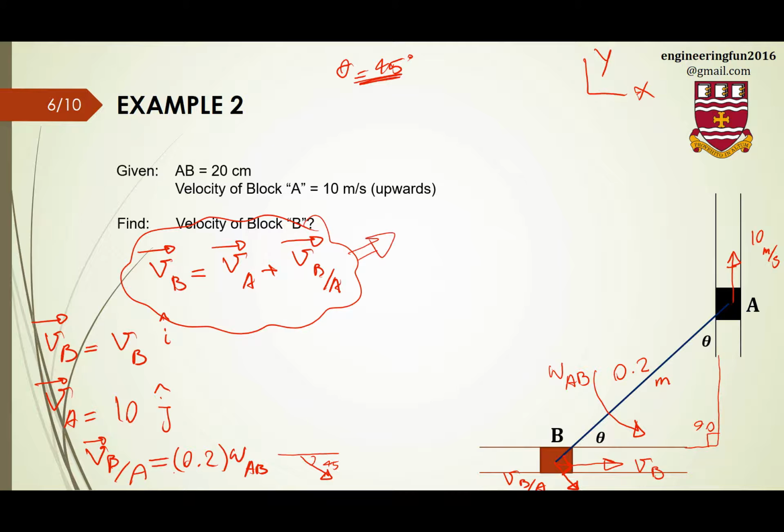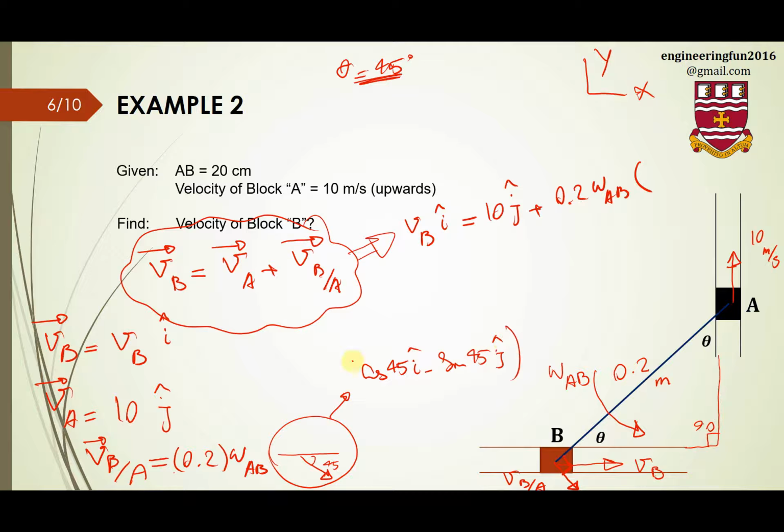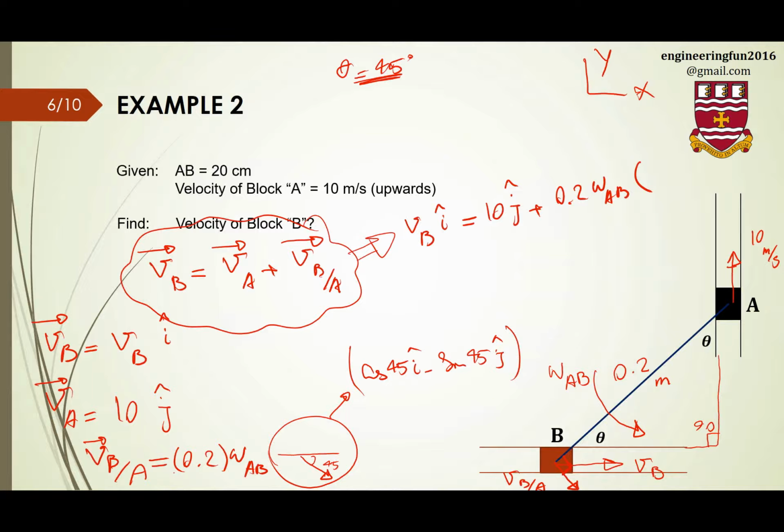Velocity of point B, this is VB i, equals velocity of point A, this is 10j, plus velocity of point B with respect to A, this is 0.2 omega AB, and the direction is cosine 45 i minus sine 45 j.